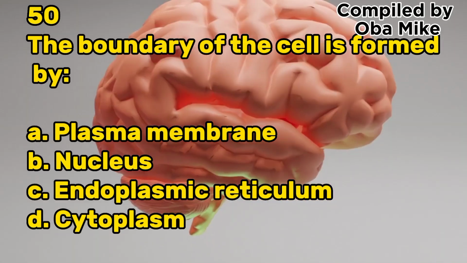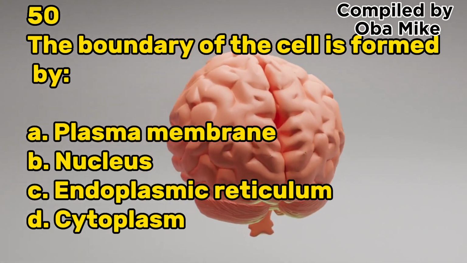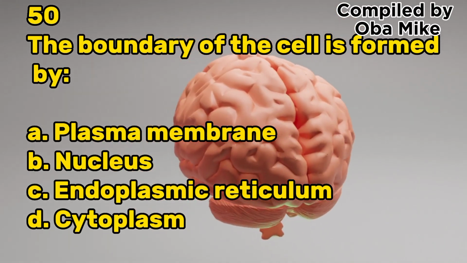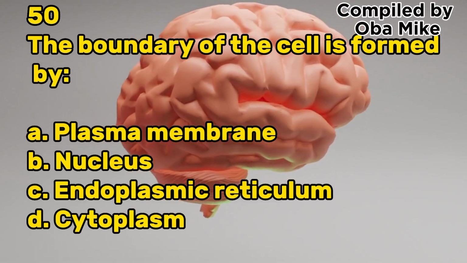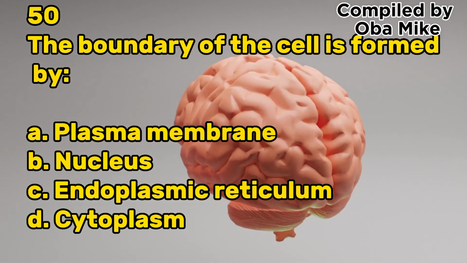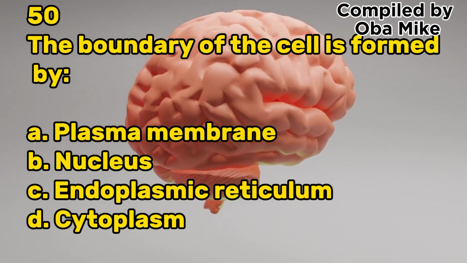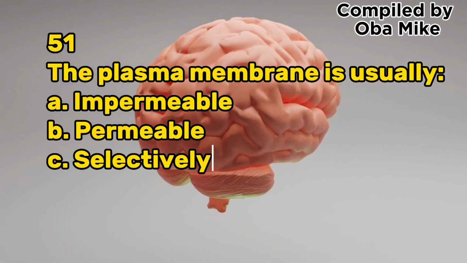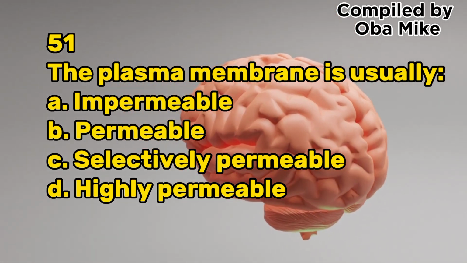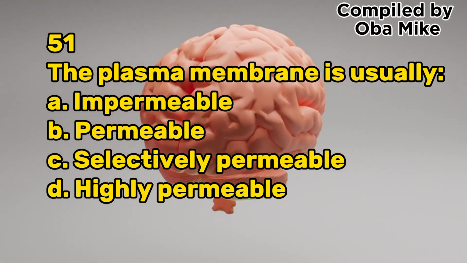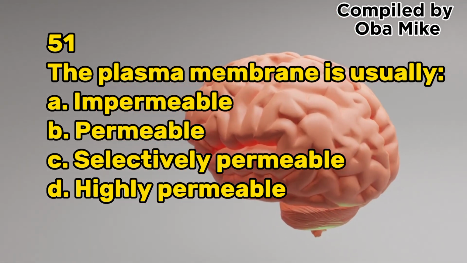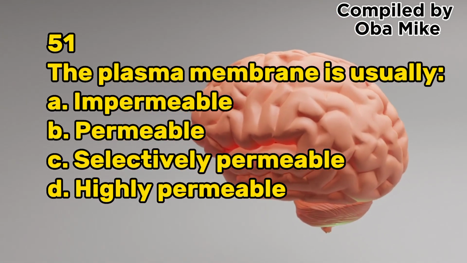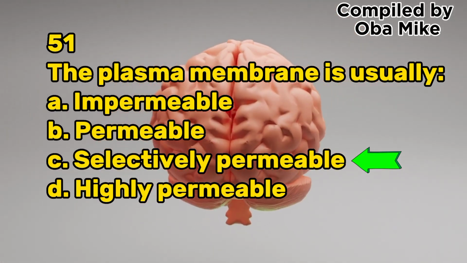The boundary of the cell is formed by A. Plasma membrane, B. Nucleus, C. Endoplasmic reticulum, D. Cytoplasm. 51. The plasma membrane is usually A. Impermeable, B. Permeable, C. Selectively permeable, D. Highly permeable.